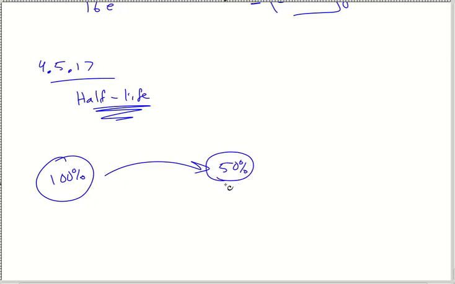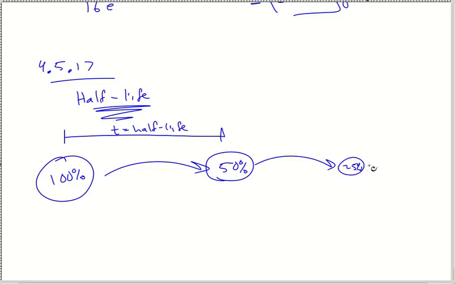Let's say volumetrically. The time that it takes for you to get from 100% to 50%, that time is the half-life. Okay? And then what's half of that? Would be 25%. And half of that is going to be 12.5%. You get the idea.